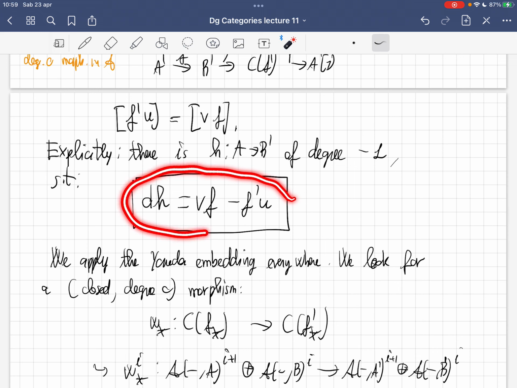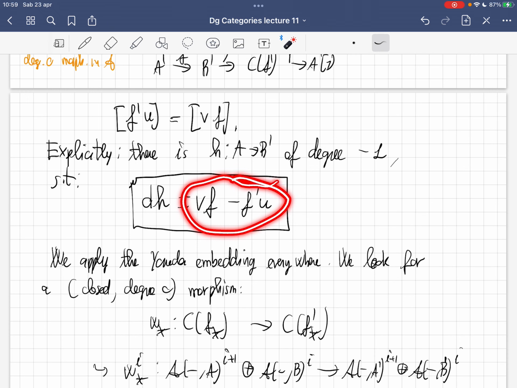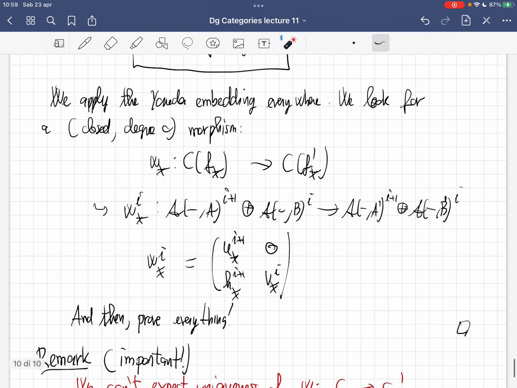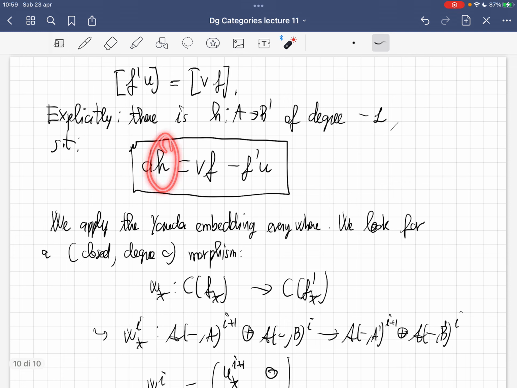You see, we chose some H such that H was this difference. A different choice of H could have brought us to a different choice of W. By different here, I mean even different in H0 of A. So you can choose a very different H such that it still holds, and you will get some W which will be different even when you look at it in the homotopy category.